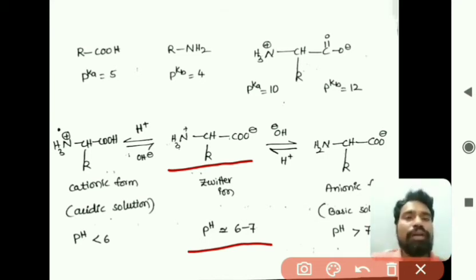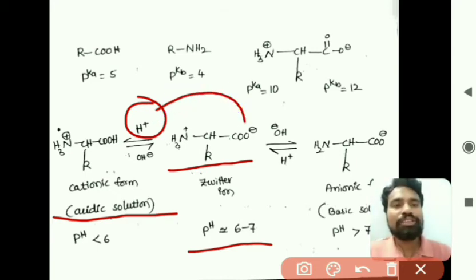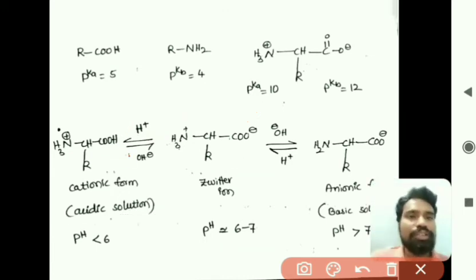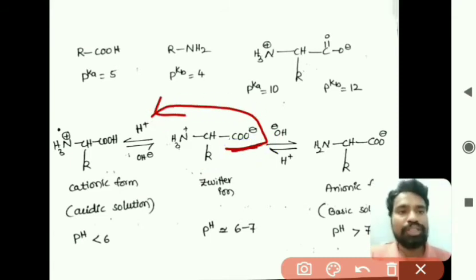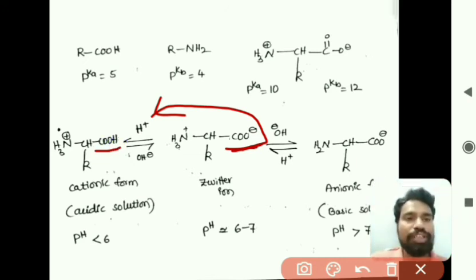When this alpha amino acid is treated with acidic solution, as H plus ions are available, these H plus ions will attach to the COO minus, so we will get COOH, right? The carboxylate group takes the H plus ion because the carboxylate group is a basic group, so COO minus will become COOH, right?